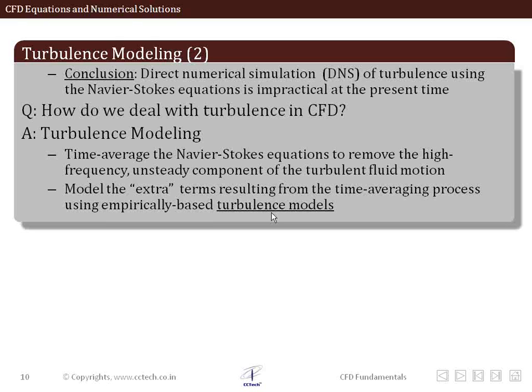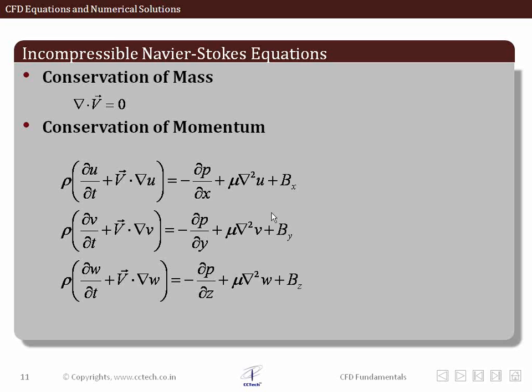This means we may have to solve, in addition to the continuity and the three momentum equations, and in some cases the energy equation, these 5 equations. In addition to this, we may also need to solve additional turbulence model transport equations. So we'll see this in more detail, but you can just have an idea how the number of equations increases, from just being the flow equations, we may also include some turbulence modeling equations.